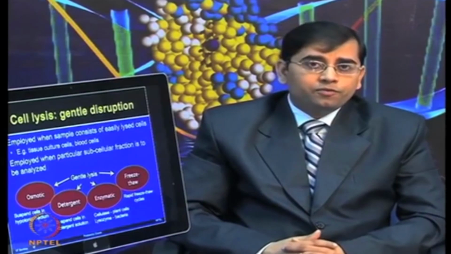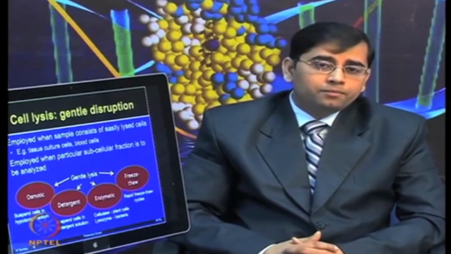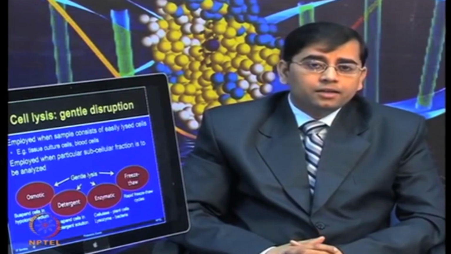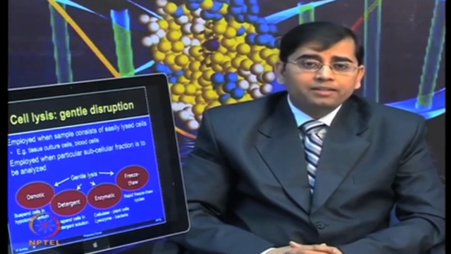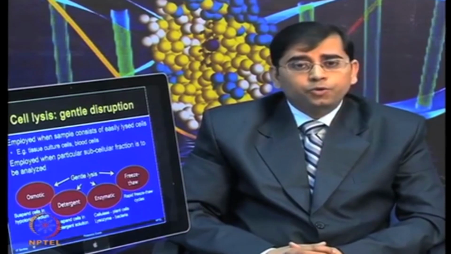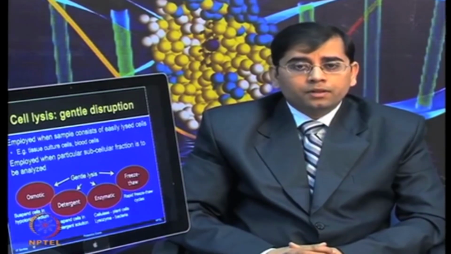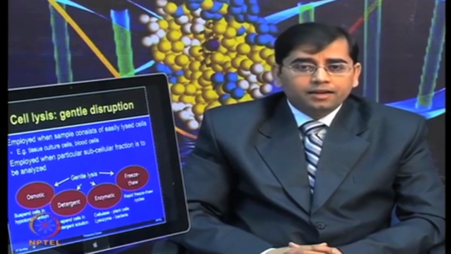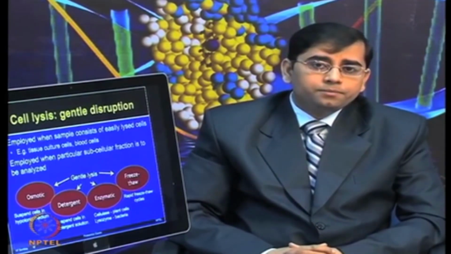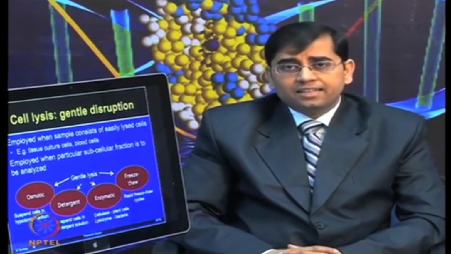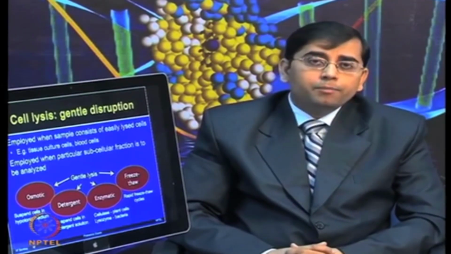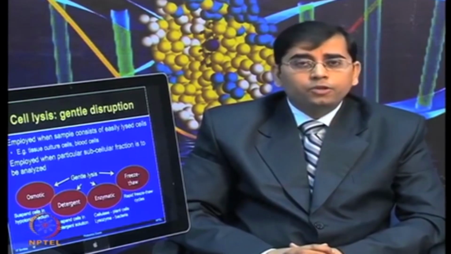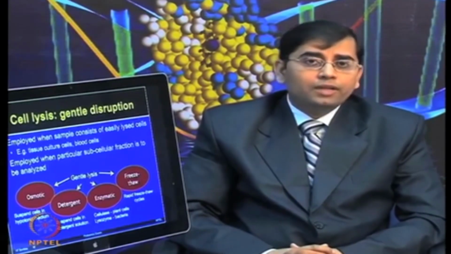There are different types of lysis methods available, such as osmotic lysis, in which one can suspend the cells in hypotonic medium. Detergent lysis, where you suspend the cells in detergent solution. Enzymatic lysis, if you are using plant cells, for example, one can use cellulase enzyme. If you are using a bacterial sample, one can use lysozyme.